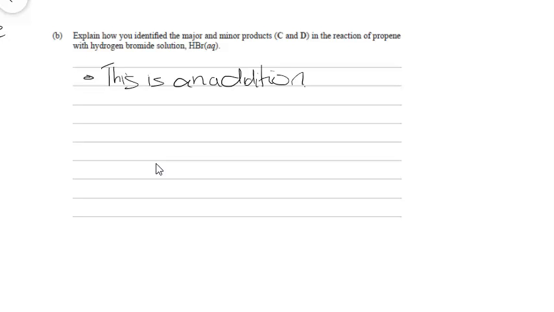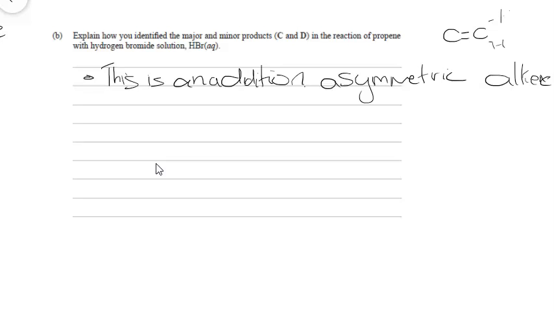And we would say that this is an unsymmetric alkene, or an asymmetric alkene. What I mean by that is if we had ethene, which is symmetrical, both of the carbons in the double bond have two hydrogens bonded to them, so there wouldn't be any preference for the hydrogen to go onto either of them.